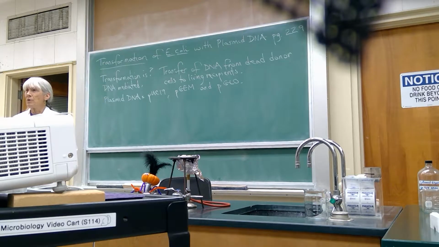Whereas gram-positive bacteria will fairly readily take up DNA from their environment, gram-negative bacteria often have to be induced to do so. So we are working with Escherichia coli tonight. They are gram-negative. And so in order to increase transformation efficiency, we're going to make these cells competent.